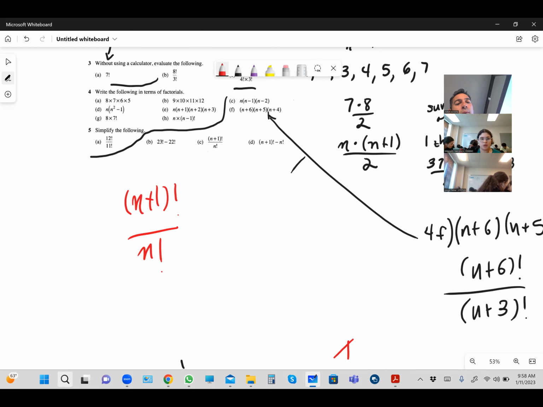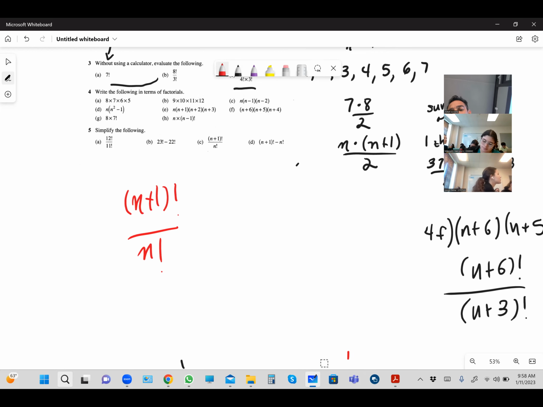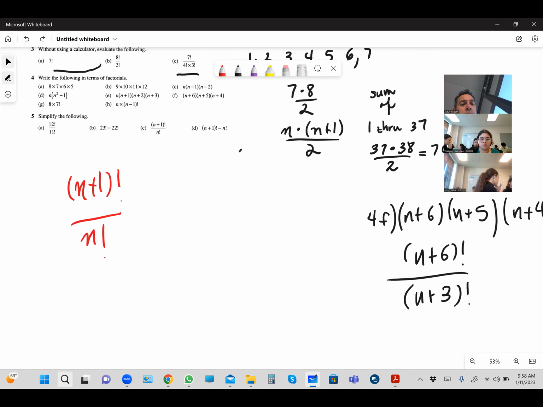Start writing it out. Can somebody tell me how to write n plus 1 factorial, according to our definition of factorial, as we've been doing it? Come on, wonderful people, help me out. No, n plus 1 times n.